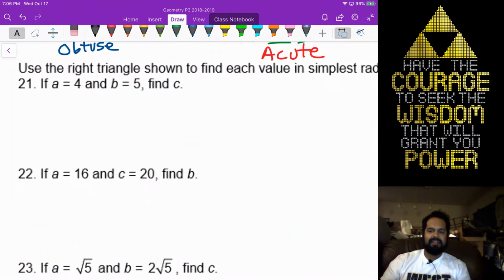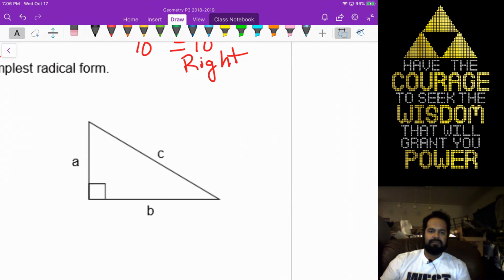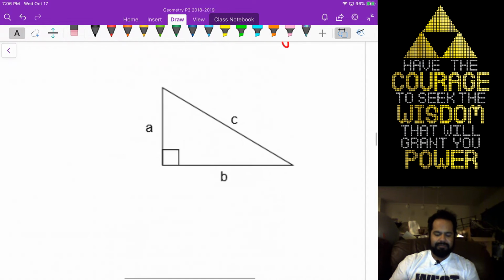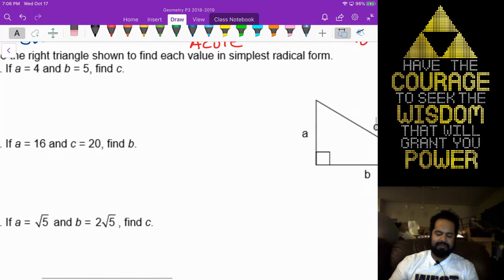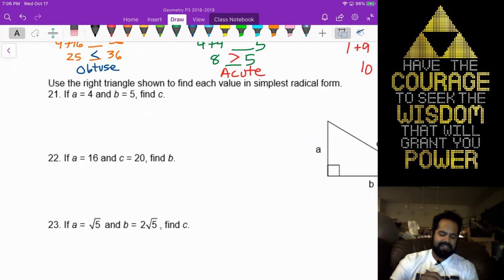Speaking of the Pythagorean theorem, we're going to use it on this right triangle. All right, let's do this. A is 4 and B is 5. We're going to find C. 4 squared plus 5 squared equals C squared.